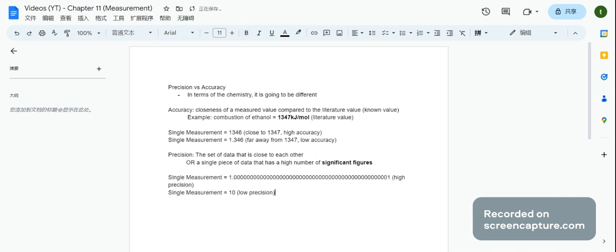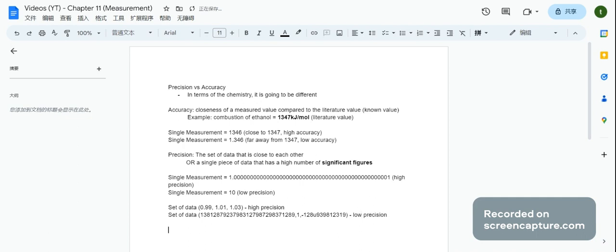On the other hand, if we have a set of data like 0.99, 1.01, 1.03, we can see that those three pieces of data are close to each other, therefore it has a high precision. And if we have a set of data like this, then it would have a low precision.